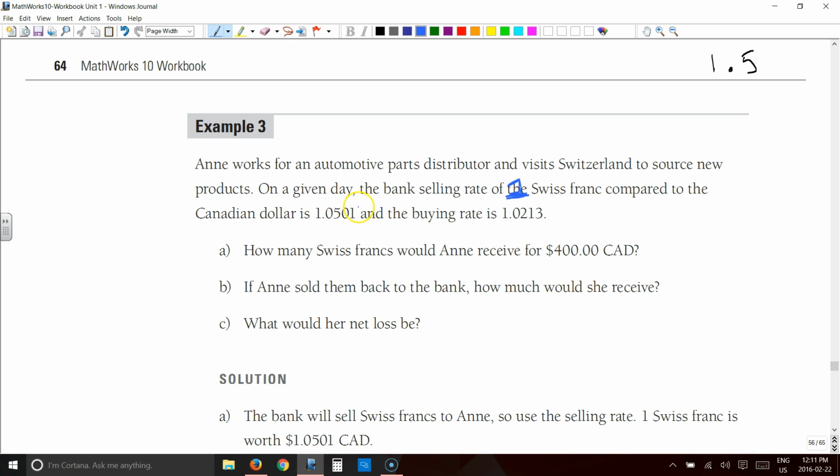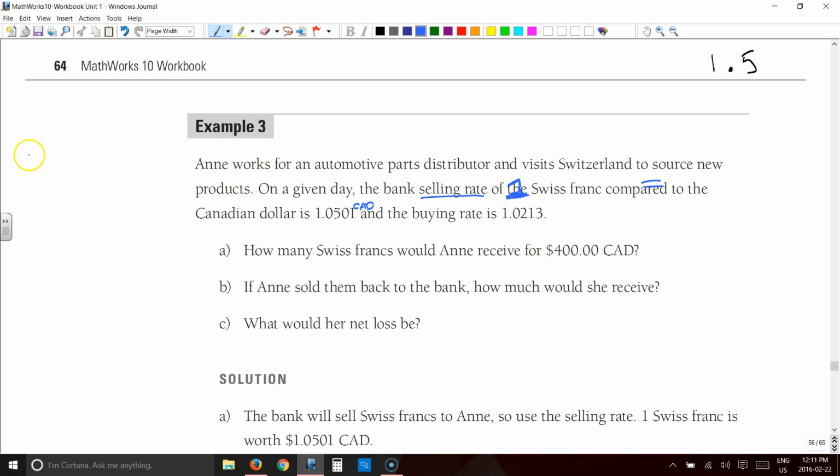So we know that this is Canadian. Let's write that in. This is a very helpful first step because you can visually see what's happening. All right, I think I can write a conversion rate. I can say that the selling rate is 1 Swiss franc equals 1.0501 Canadian. Let's write that down.